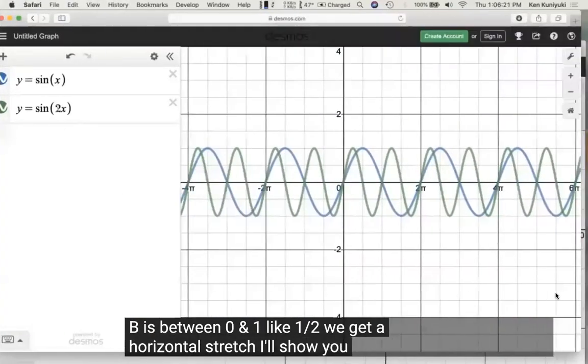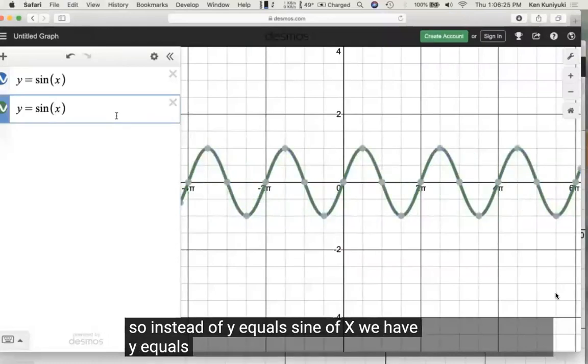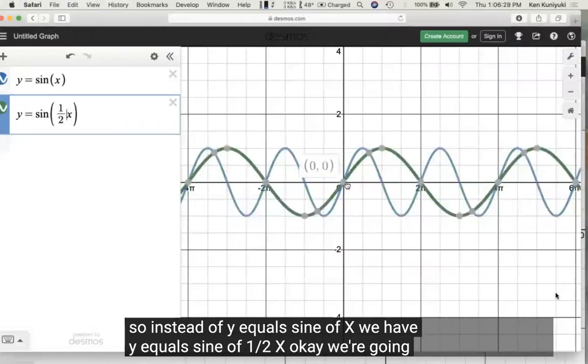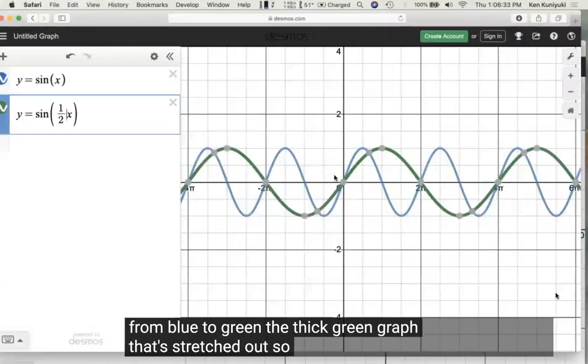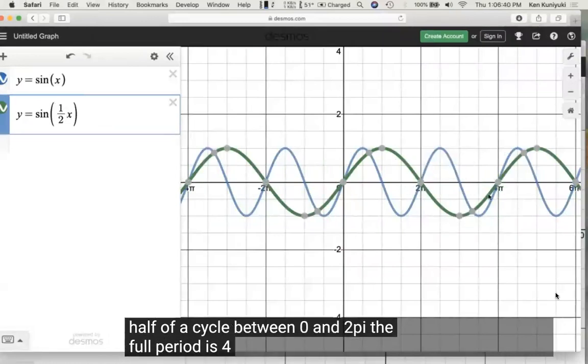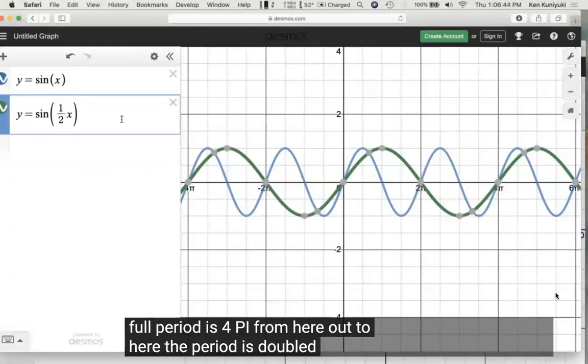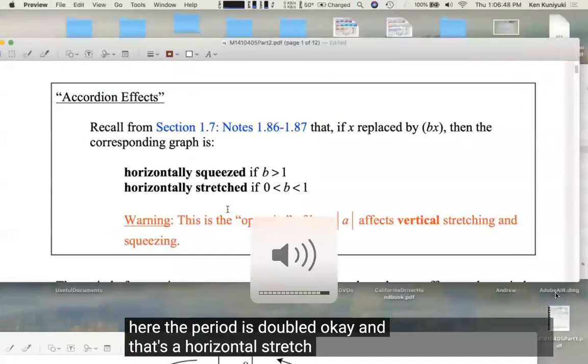Instead of y equals sine of x, we have y equals sine of 1/2 x. Going from blue to green, the thick green graph is stretched out. We have only half of a cycle between 0 and 2 pi. The full period is 4 pi. The period is doubled, and that's a horizontal stretch.